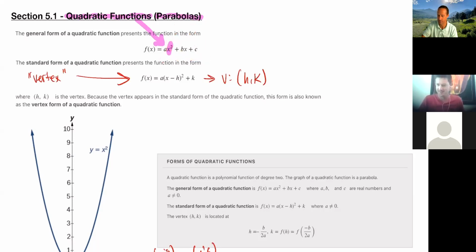Very good. All right. But here, if I put in a 0 there, what am I going to have to do? Add or subtract that h, square it, multiply it by a, and then add k just to find my y-intercept. Not preferable, but sometimes we'll have to do it.